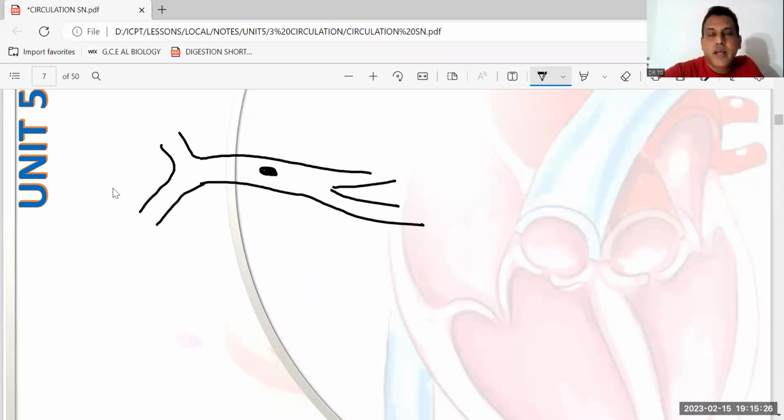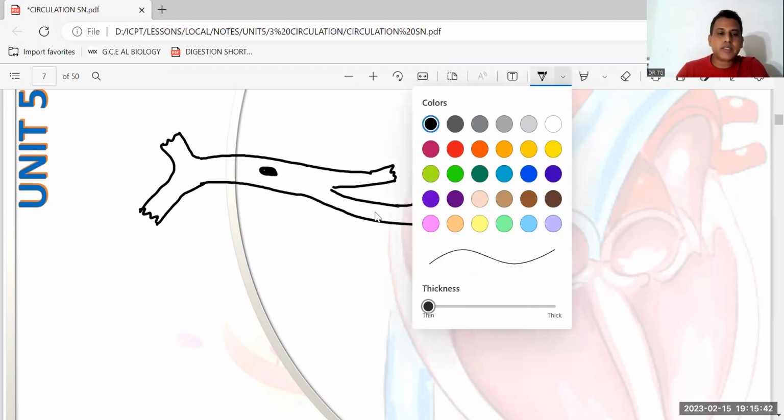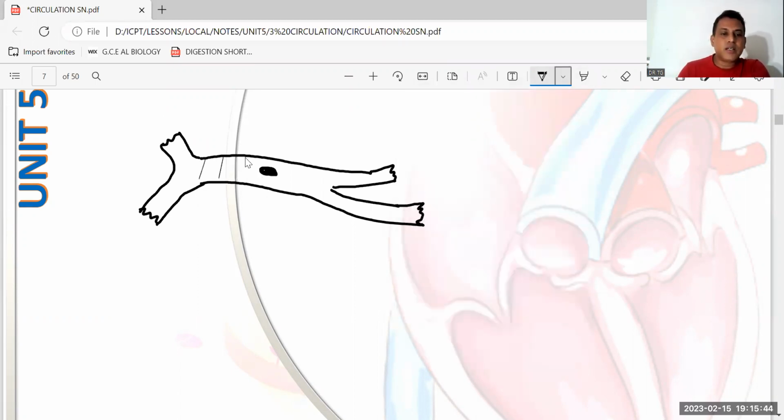So when the heart muscle branches like this, this area is the end. And we can still notice there are lines like this called striations. So we can notice the striations of the heart muscles.